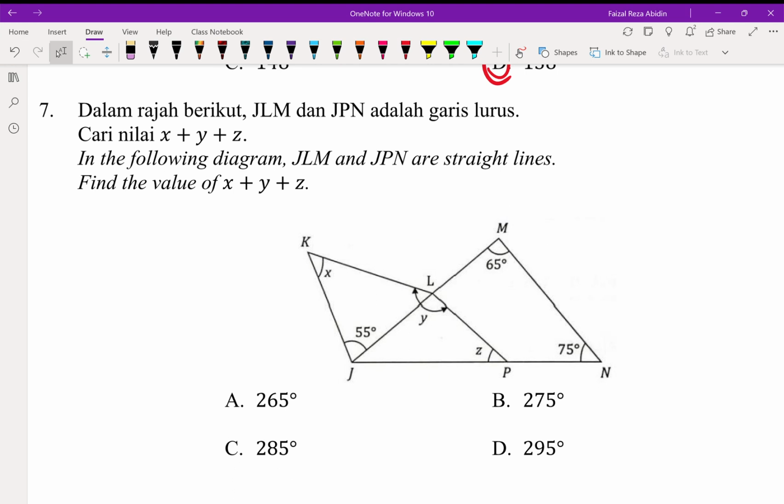Okay. In the following diagram, JLM and JPN are straight lines. Find the value of x plus y plus z. Okay, so I want to find the triangle here first.